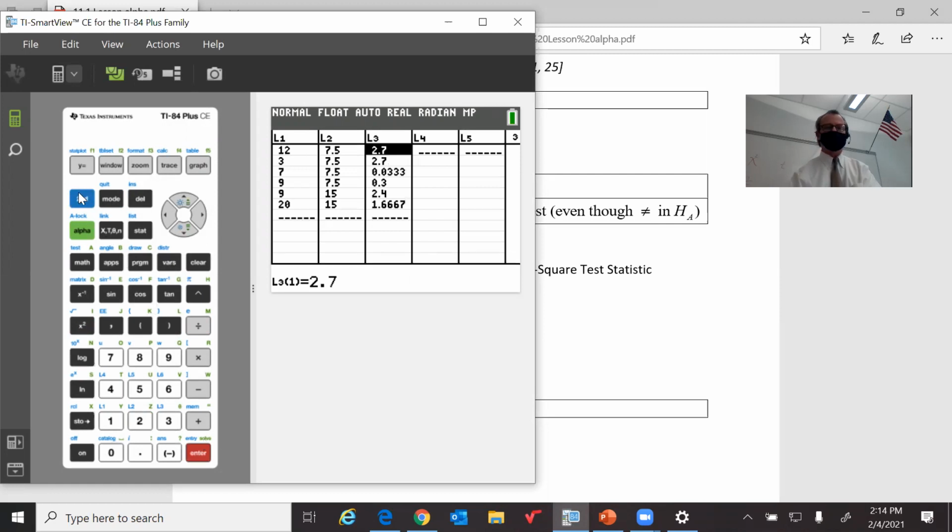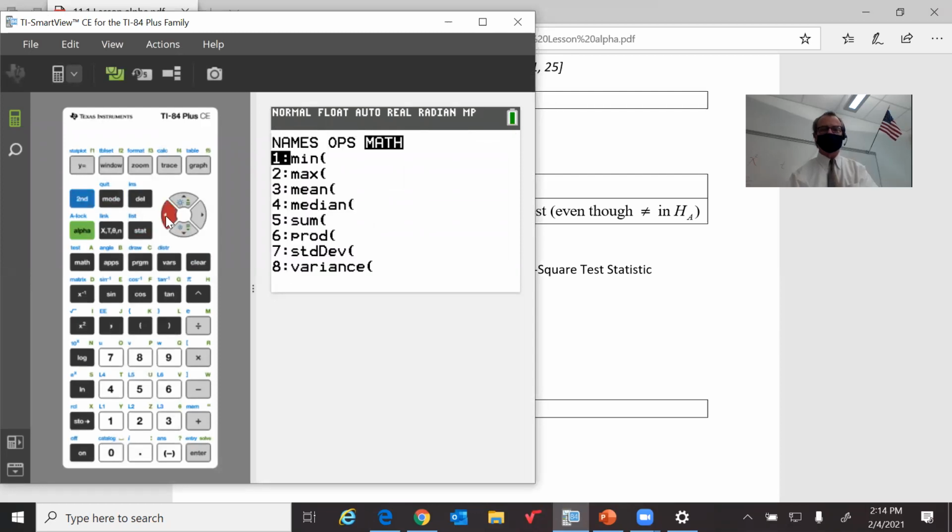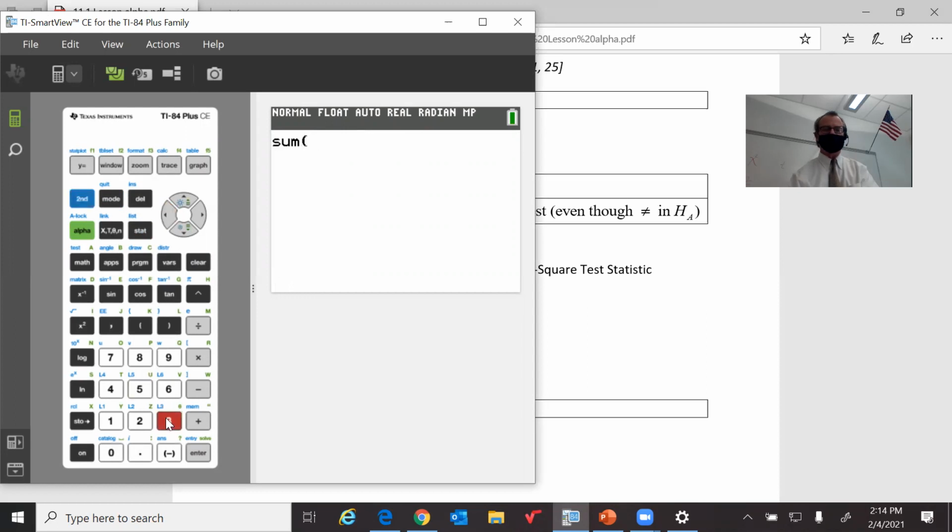Then we go second quit, second stat, math, the sum of list 3. That is your test statistic. Except, we don't know if that's significant or not without doing the test. We would have to look up the critical value in the table for 5 degrees of freedom.